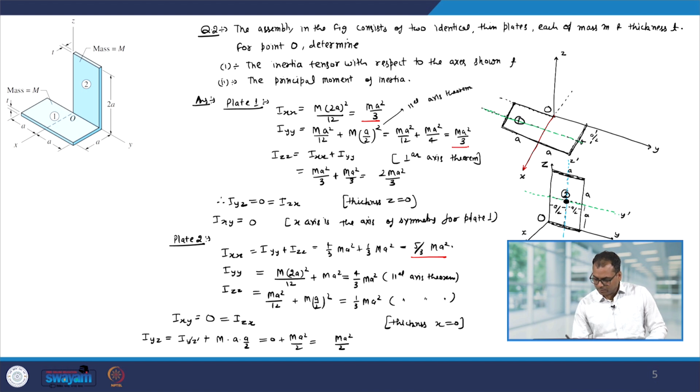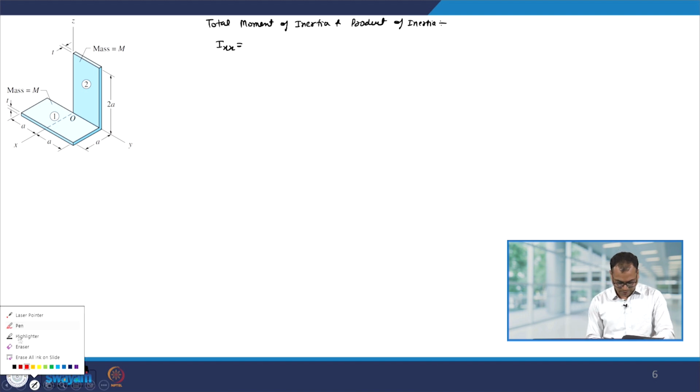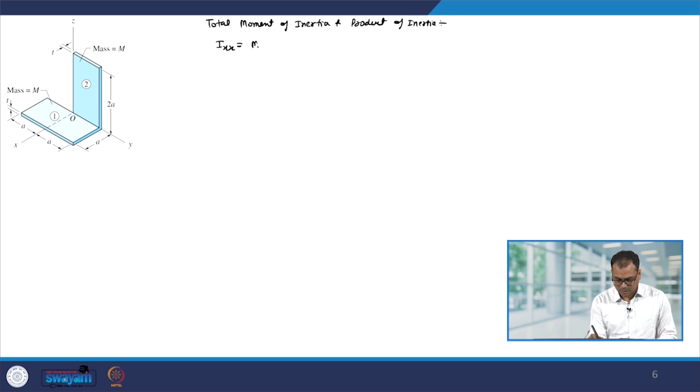Similarly, Iyy will be equal to this plus that, and Izz will be equal to this plus this. Okay. So, let me write it down. It will be equal to m a square divided by 3 plus 5 m a square divided by 3, that is equal to 2 m a square.